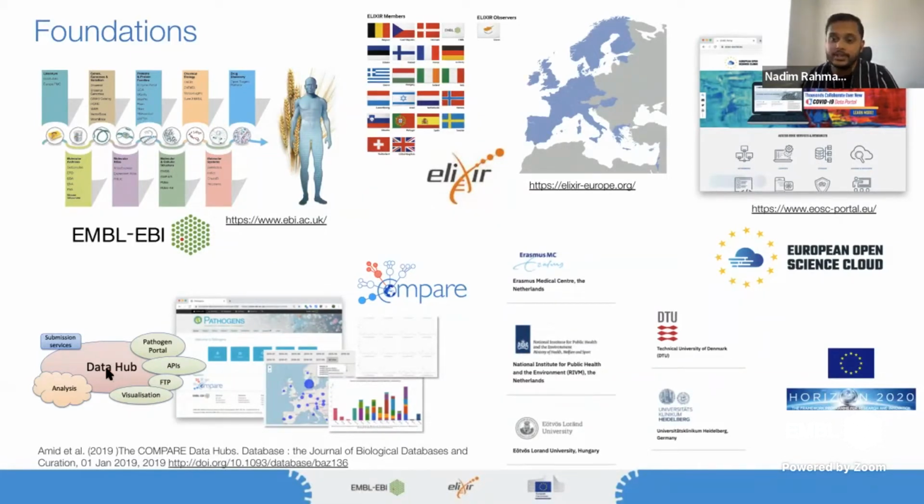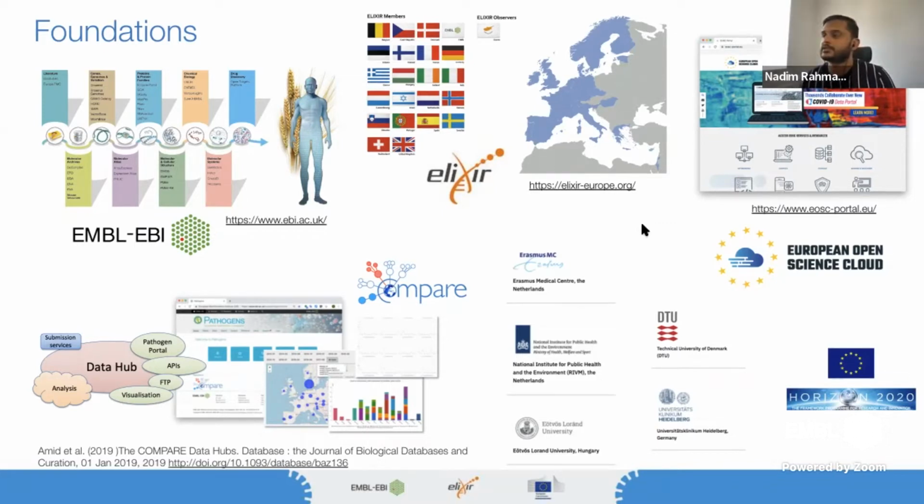And essentially it includes, for the SARS-CoV-2 data hubs as well, similar components such as the submission services, the analysis components, including tools and workflows or workflow management and infrastructure, and then the search and retrieval services and portals, as well as the visualization services, and bringing these aspects to particular data hubs and therefore the data sets. The middle here are the Elixir member states and collaborators and network.